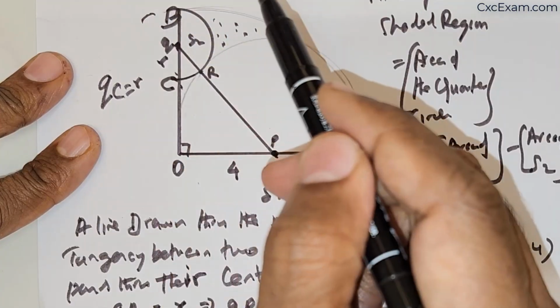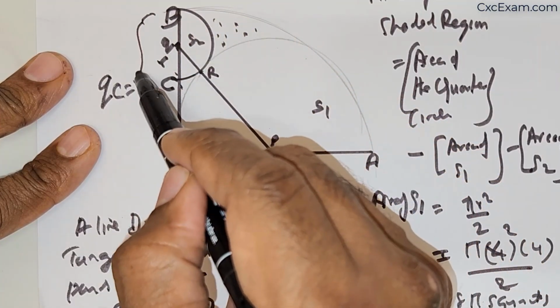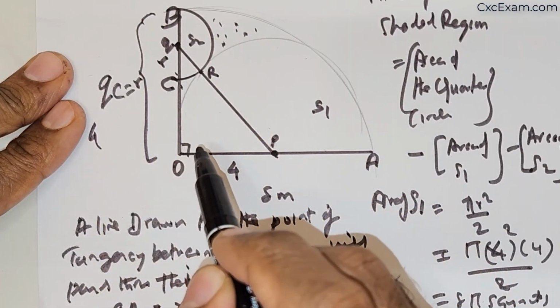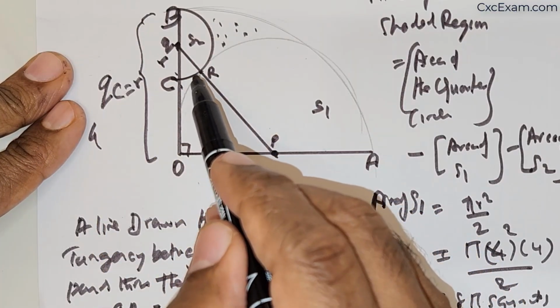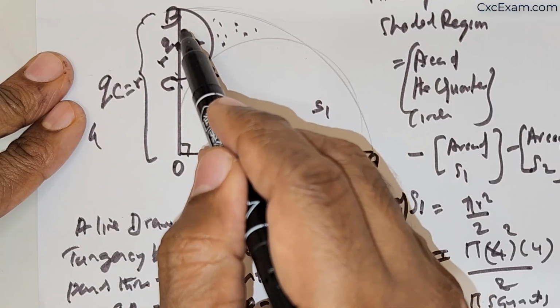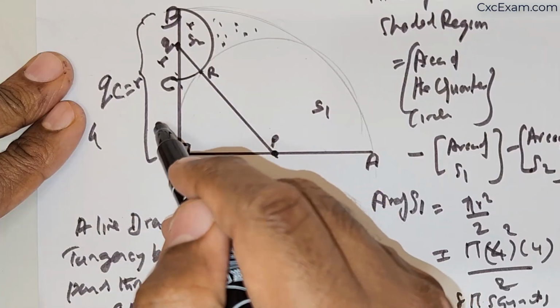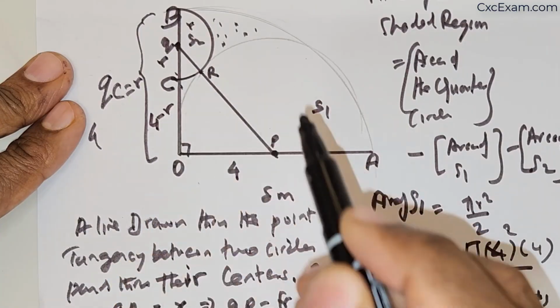But this entire length is 4 units, and I want to get this distance. So this is also r, right? So this length is going to be 4 minus r.